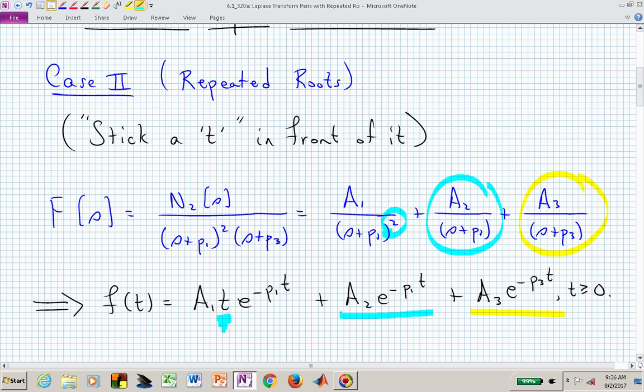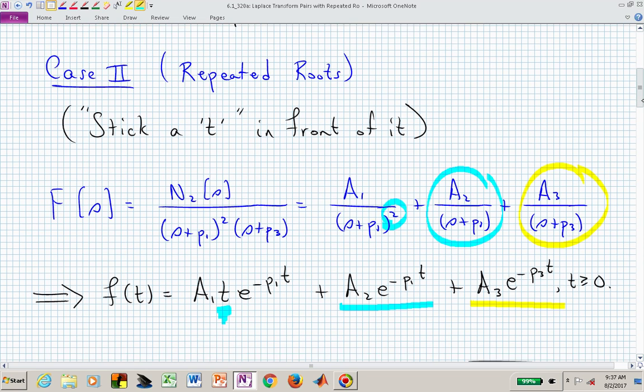If we had a factor s plus p1 actually cubed, not only would we have these two terms associated with the p1 pole, but we would also have a third term that would be, let me say, a sub 4 t squared e to the minus p1 t. And that will just keep continuing as long as we have higher and higher powers or repeats on that particular pole.